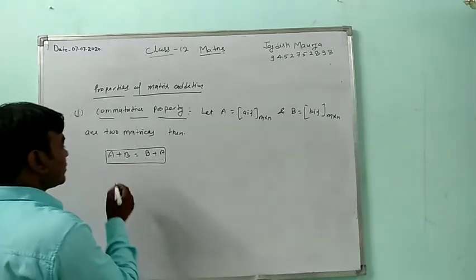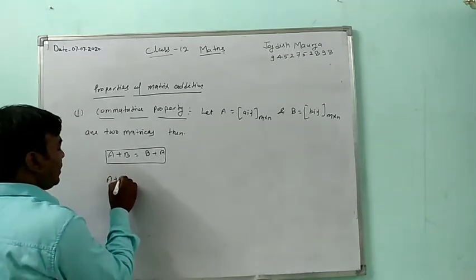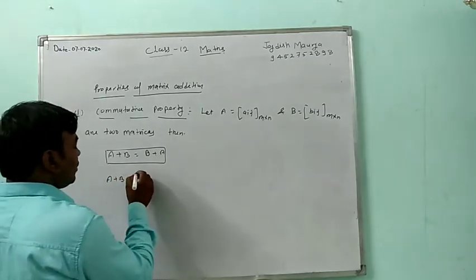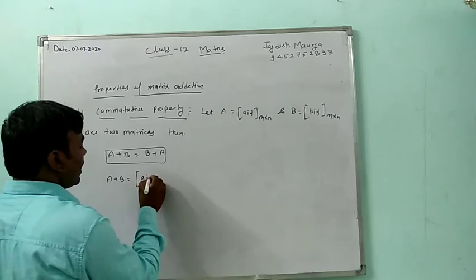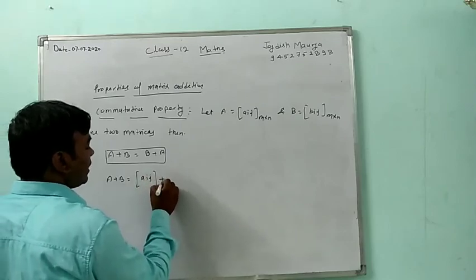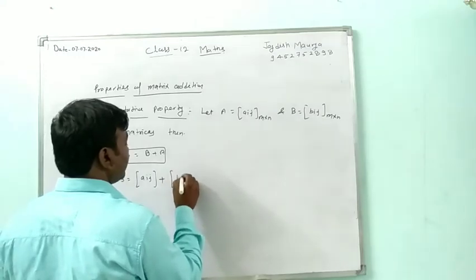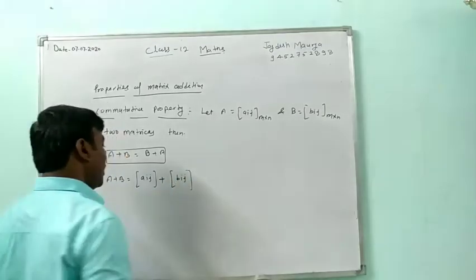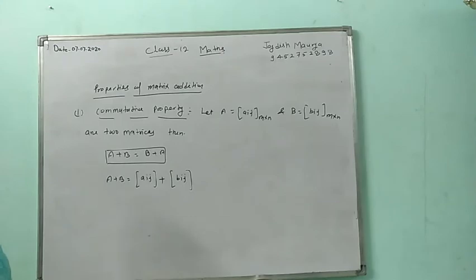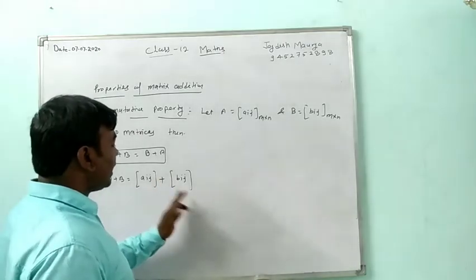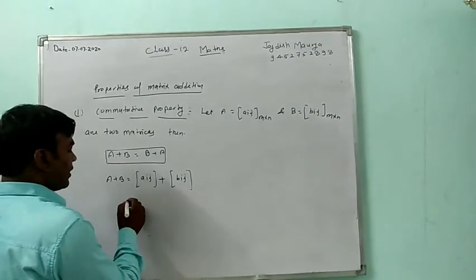As A plus B equal to Aij plus Bij. And we know that when we add matrices, their corresponding elements are added.